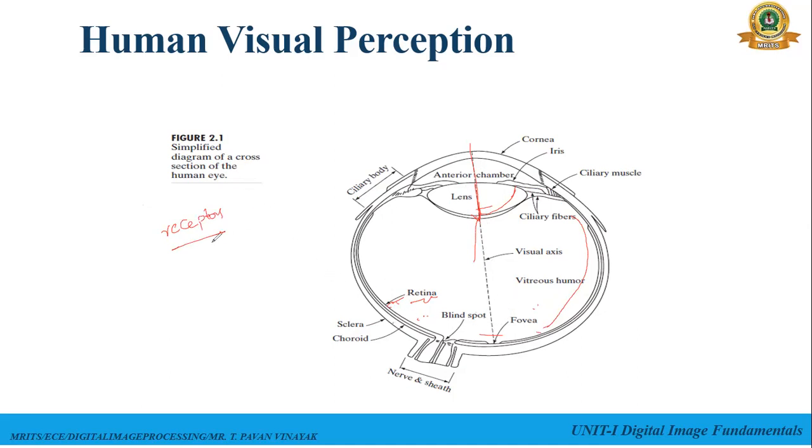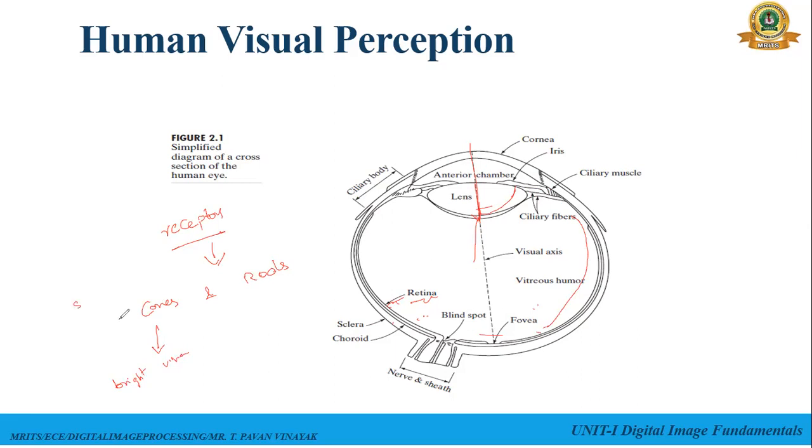The receptors are of two types, cones and rods. The cones are useful for bright vision. Bright vision means color vision.